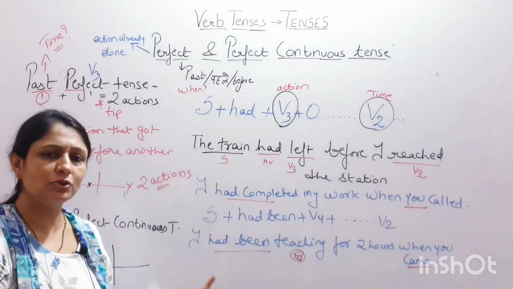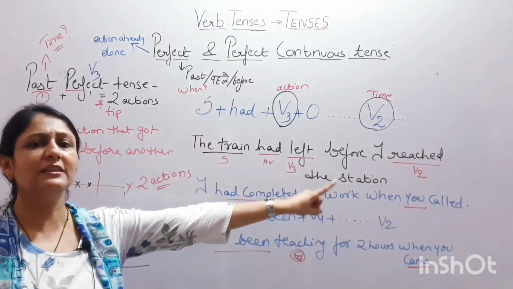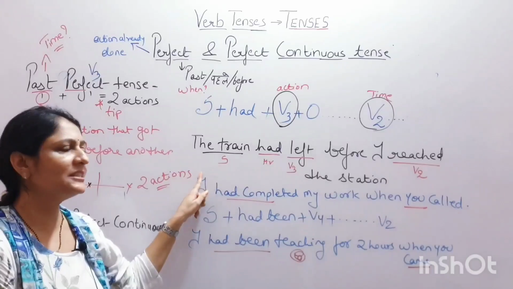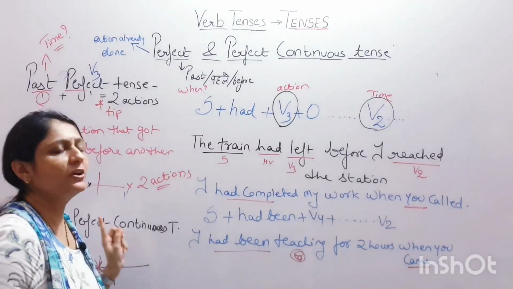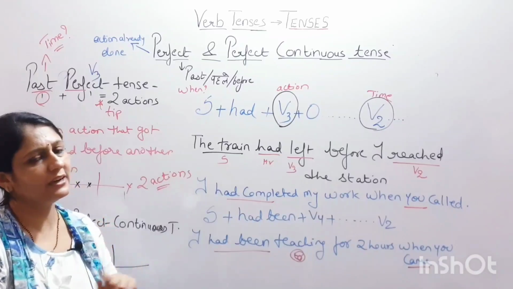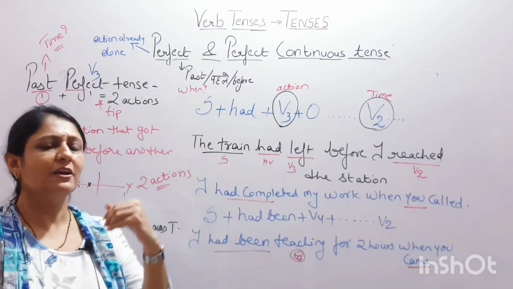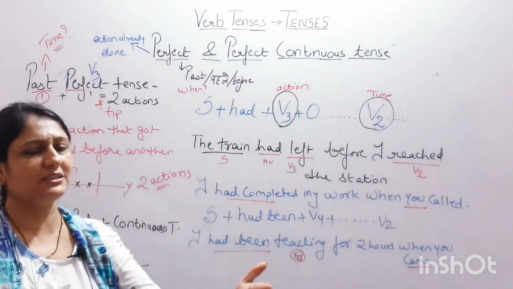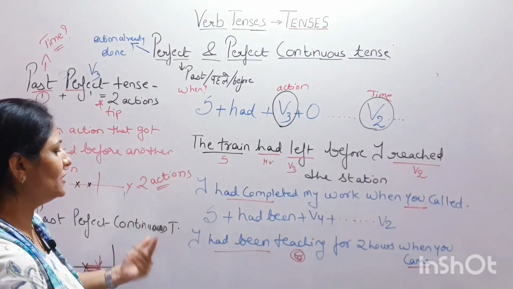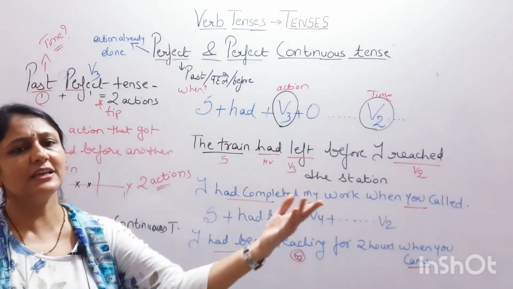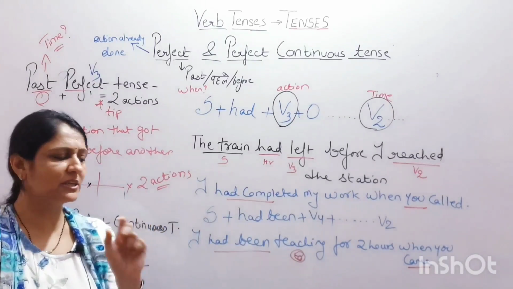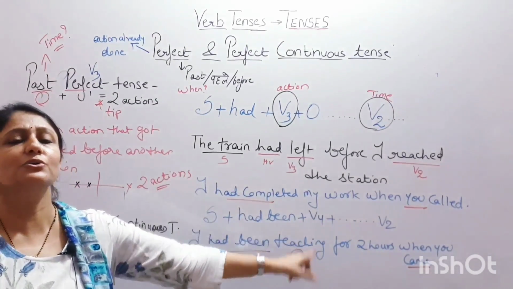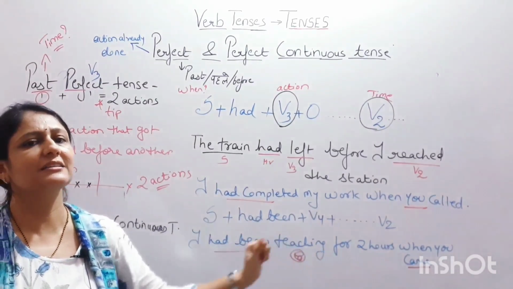When we talk about 2 actions, specifically the second action functioning as a time for the first action, then we use past perfect or past perfect continuous tense. Whereas in simple past tense, we do not use another action as a time. We directly mention time. For example, I taught 6 tenses yesterday. So the word yesterday was used to express the time, whereas here we are using the second action as a time.